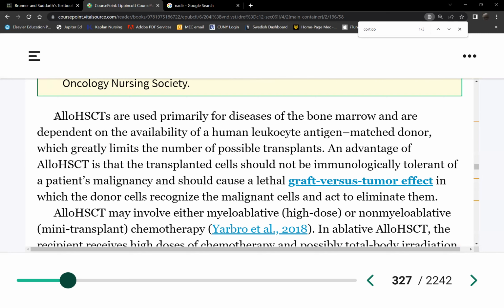Remember the idea of plasma exchange, plasmapheresis? What did we do with plasmapheresis? We removed the patient's plasma and then we gave them someone else's. Same idea here. We will destroy the patient's bone marrow first and then give them someone else's stem cells.